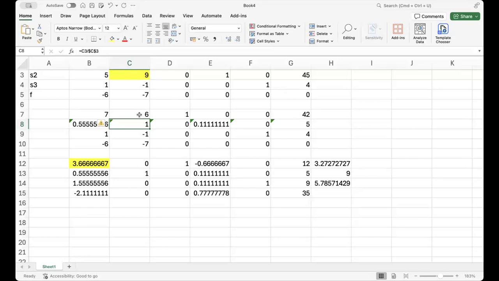So that is the reason why we need a zero coefficient here. If it's not zero, we have a problem because we have two variables, so we don't know the value of S1 from this one. If we force this coefficient, the 6, to be 0, then we know the value of this column is S1.